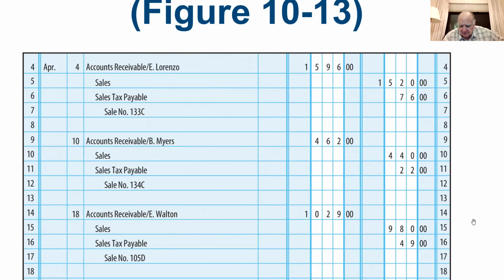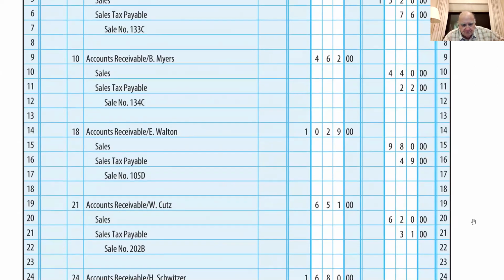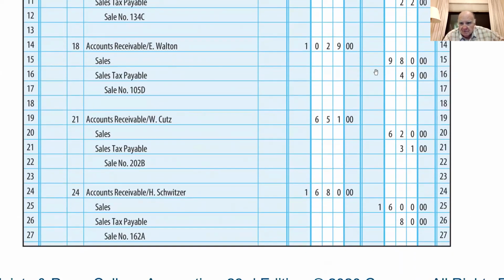Here, we sold something to Edith Walton. We sold a $980 computer. The sales tax was $49. You add it up, that's $1,029. That is AR, and so on with Wilma Cutts and with Heidi Schweitzer.